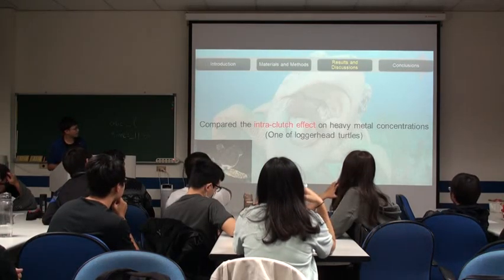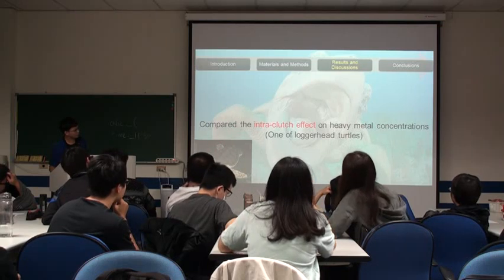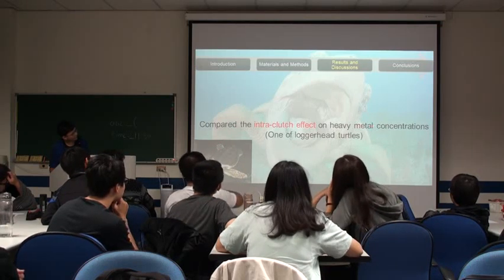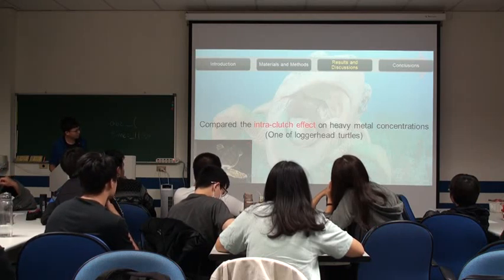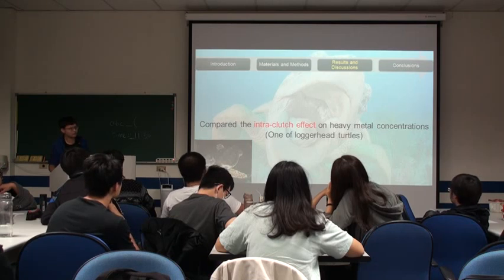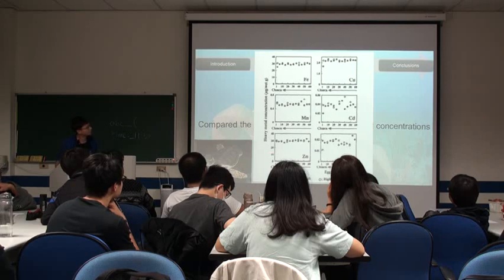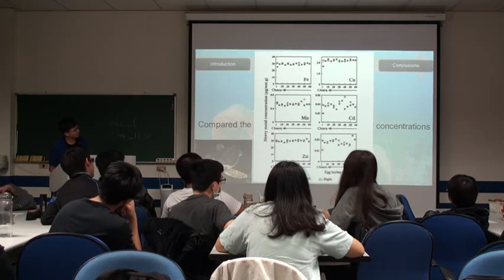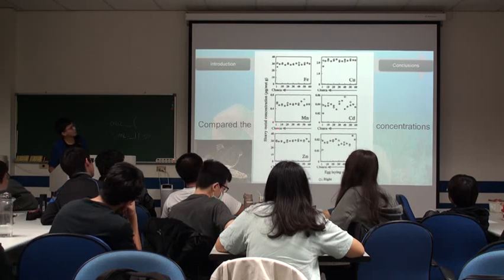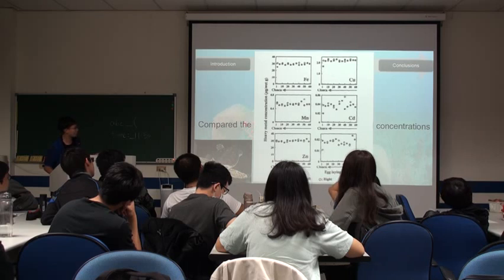And now we compare the intra-clutch effect on heavy metal concentration. This means one mother and her eggs, the eggs from one mother. The x-axis is the egg laying order, and the y-axis is heavy metal concentration.